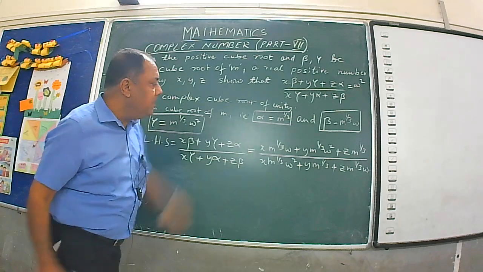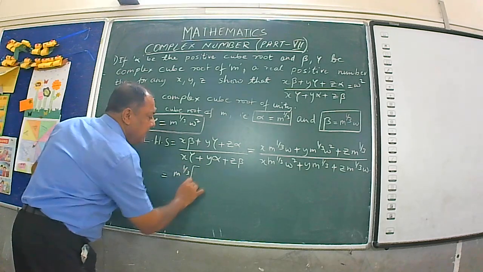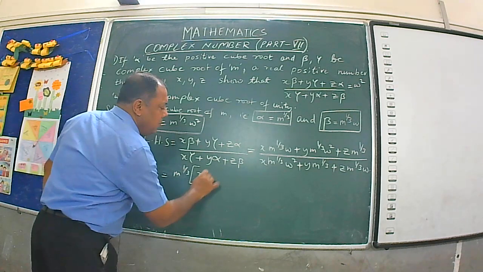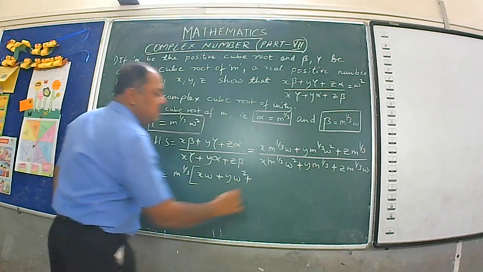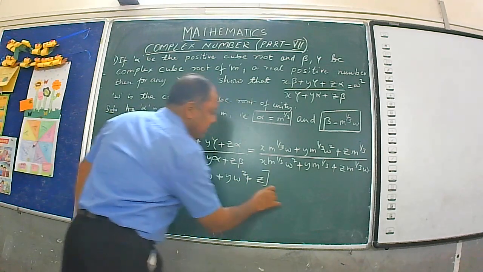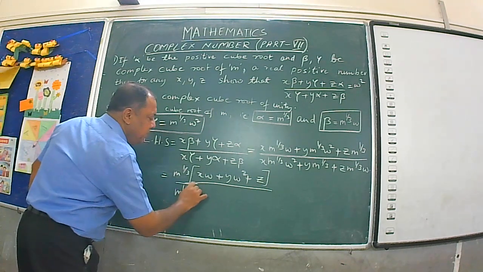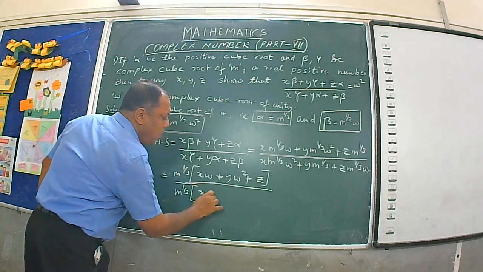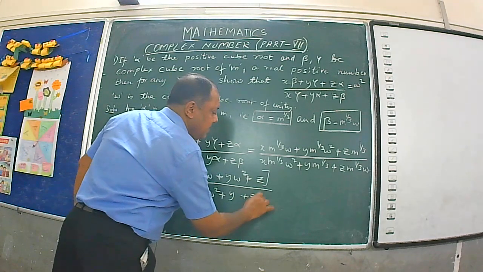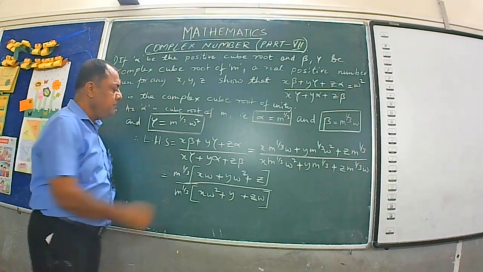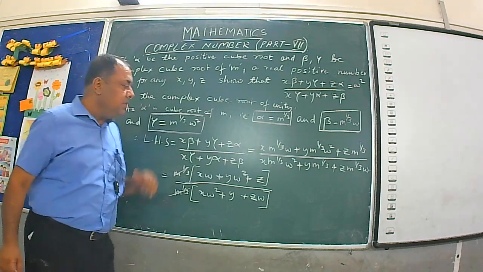And now this becomes very simple. I take m one third common. Left over is x omega plus y omega square plus z. And in my denominator, I have m one third into x omega square plus y plus z omega. These two get cancelled, I have taken common.